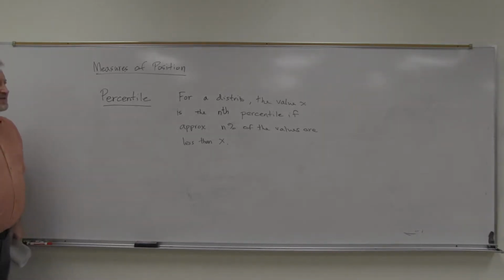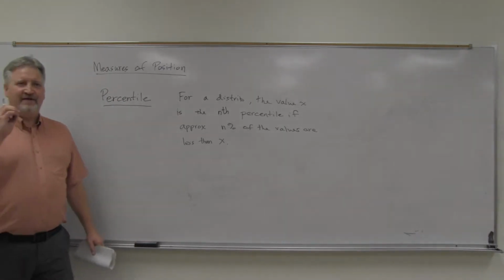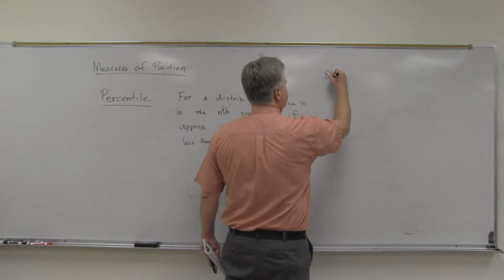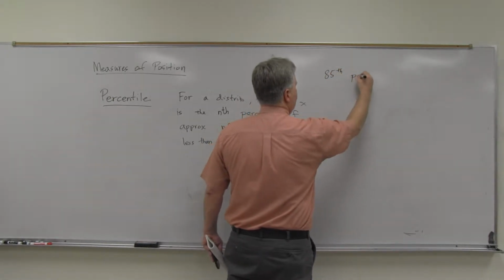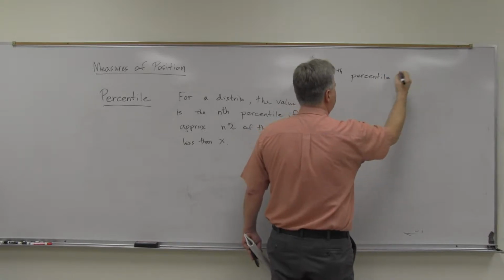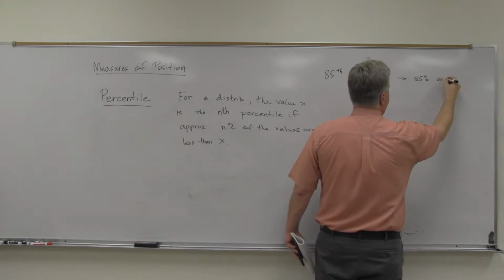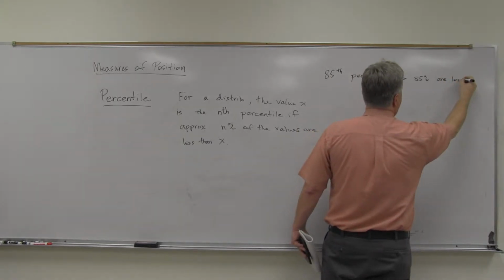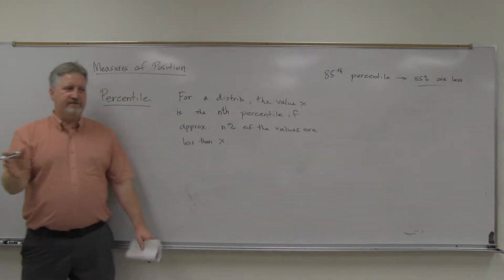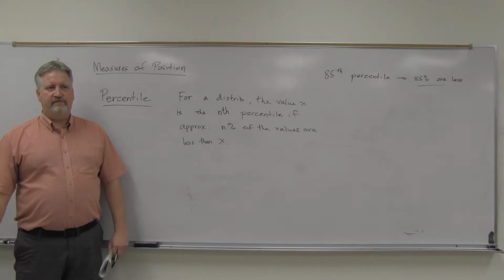So what the percentile rank gives you, if you're in the 85th percentile, means 85% of the values are less than that particular value. That's a pretty good score, because 85% of the values are less.